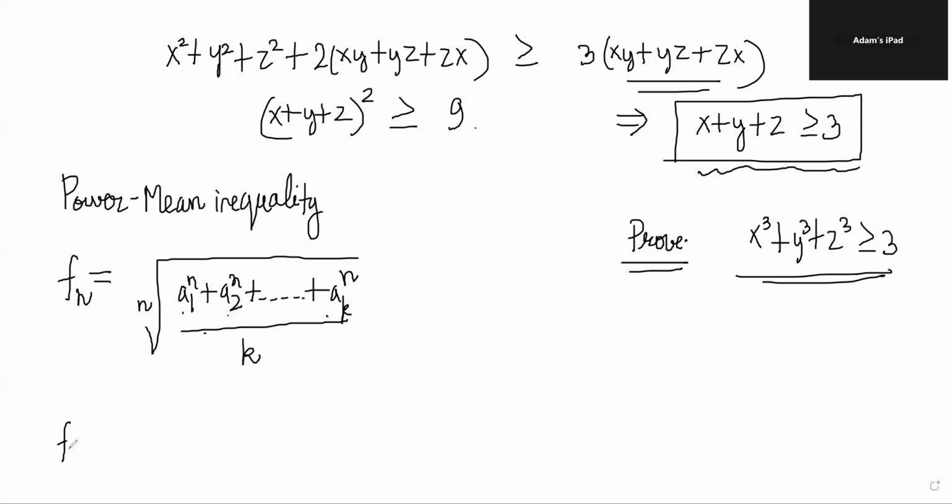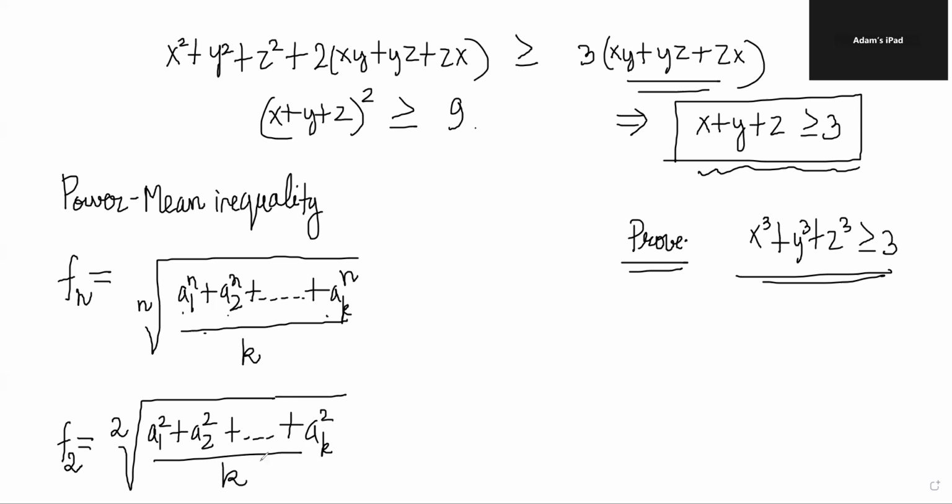For example, if I do 2, this is like something called the standard deviation, right? It's like the average of squares: a1 square plus a2 square plus ak square by k. You are doing the average of the squares, and then doing a square root at the end.